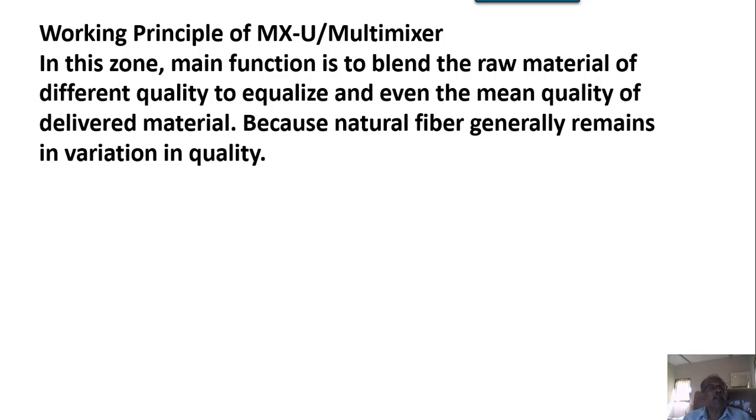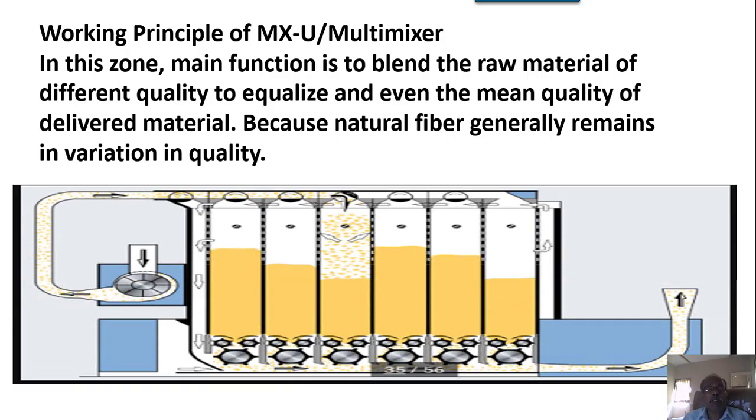So that is what is done. Mechanically it is tried to be obtained. They try to get the thing done in the multi-mixer, because you have a number of chambers there. So in this diagram a multi-mixer is shown over here.